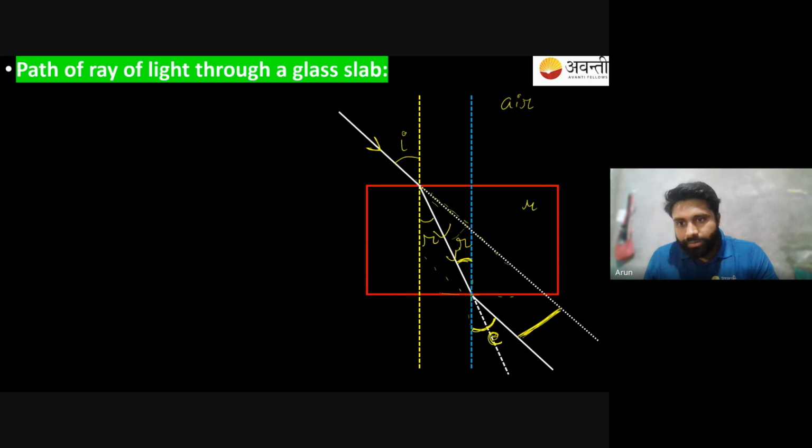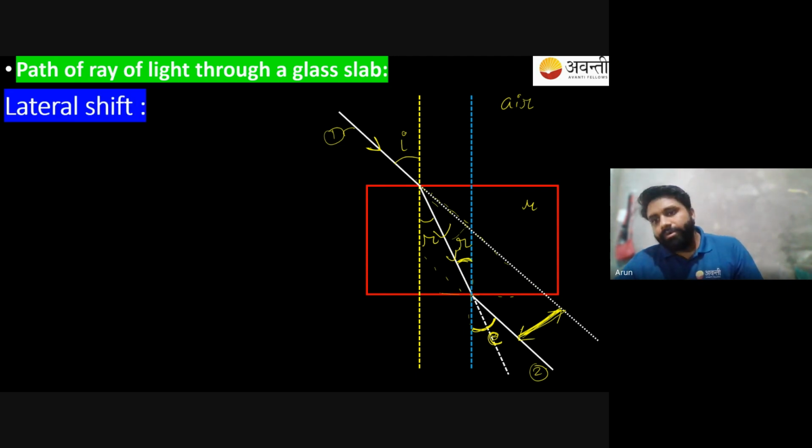Although ray 1 and ray 2 are parallel to each other, they have shifted by some length. And why is it so? Because of this glass slab. So this parallel shift of rays from one another because of a medium, because of a glass slab, is termed the lateral shift of the glass slab. Got it?